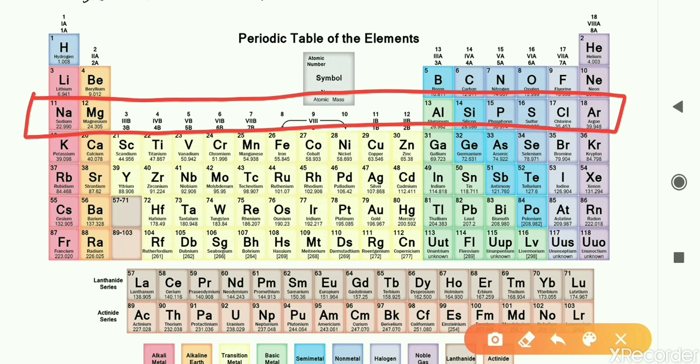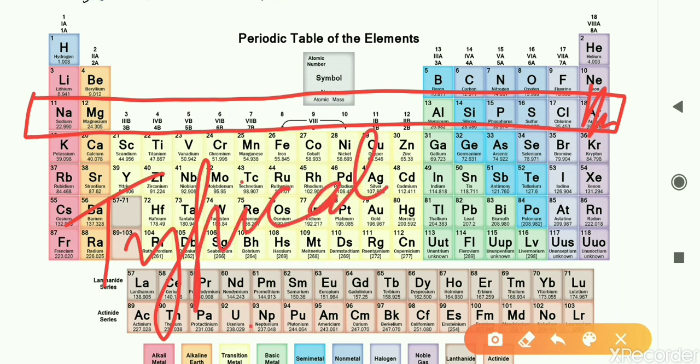Apart from this, one thing I have missed and not mentioned in the notes: period number 3, having sodium, magnesium, aluminium, silicon, P phosphorus, S sulfur, Cl chlorine, and argon. These elements are called typical elements.